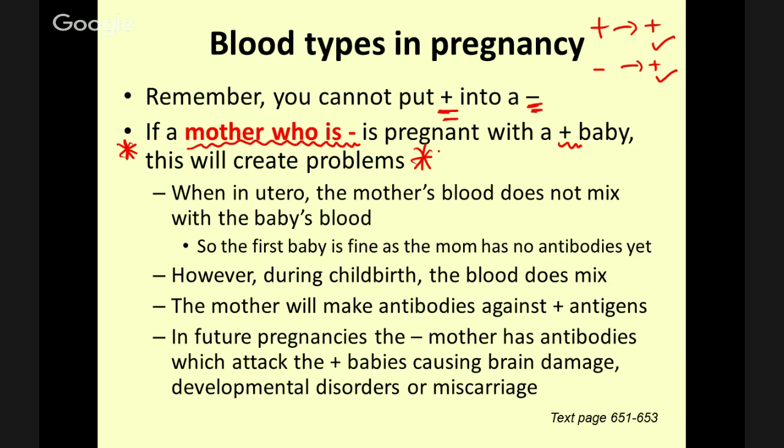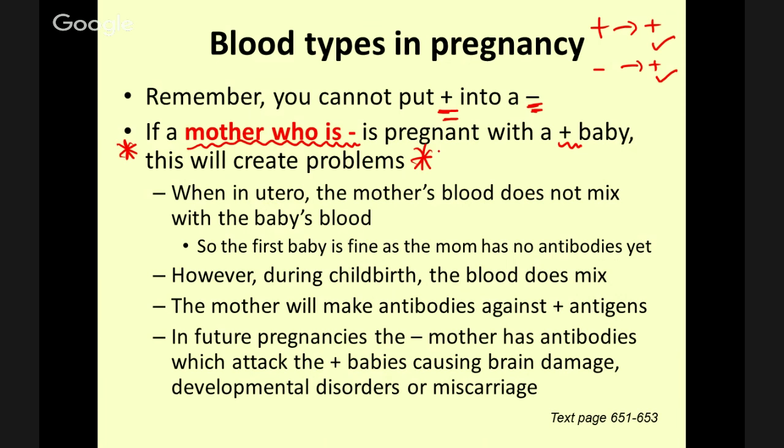So that will lead to consequences. After the baby's born, the mom's blood and the baby's blood mixes up, and the mom is exposed to the positive blood, and she makes the antibodies which attack the positive babies of the future. So if you use the RhoGAM, you prevent the formation of the antibodies, and that means it's safe to have a second child, a third child, and so on.